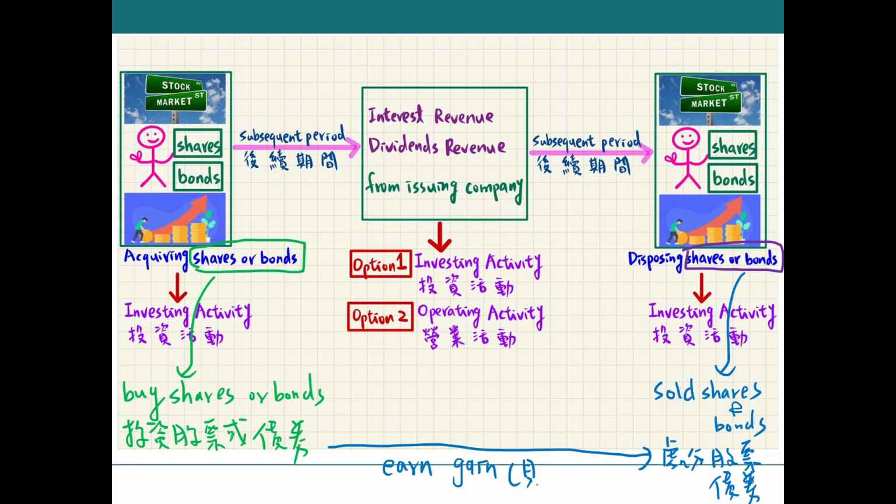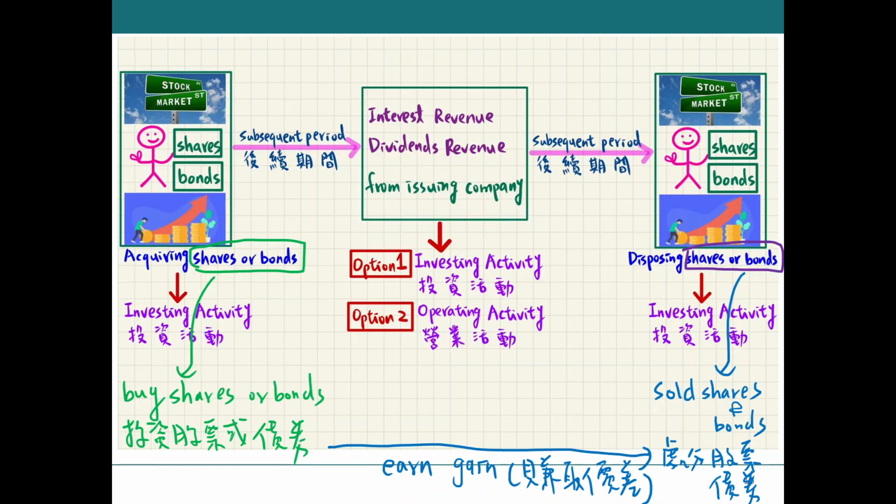Earn the price difference. Okay. So could you tell me, when you are the investors, you buy the shares, you buy the bond. So who are you? You are the shareholders, you are the creditors, right?